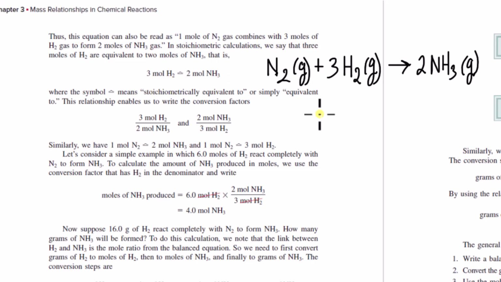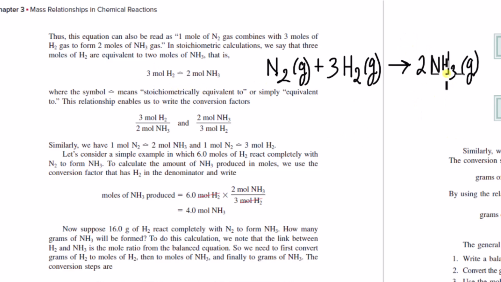With any balanced chemical equation, if you have all of the reactants and products accounted for and it's balanced, then all of the reactants, all of the products, or all of the mixing of reactants and products, they're all stoichiometrically equivalent to one another in terms of moles. The number of moles is based on the coefficient, right? This would be 3 moles of H2, 2 moles of NH3, 1 mole of N2, right? 3 moles of H2 is stoichiometrically equivalent to 2 moles of NH3.